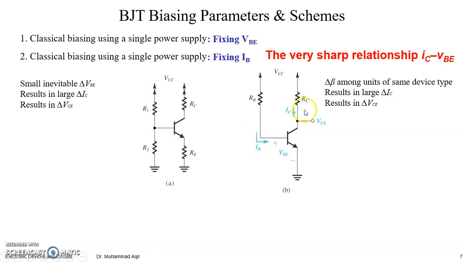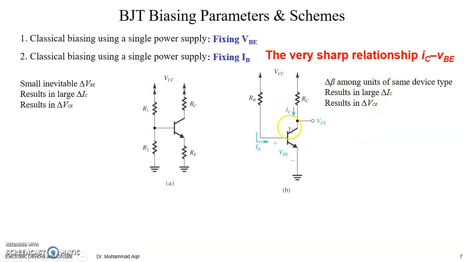Beta is usually very high, so IB times beta is IC. So if there is a small variation in beta, then even the same base current will be translated into a different collector current because of the variation of this beta, right? Even for units of the same device, right?